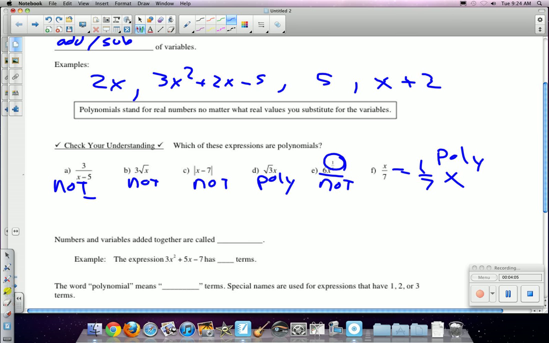So what we're looking for is variables that are just kind of hanging out there. We can have odd coefficients, right? They don't have to be integer coefficients. I'm a little bit confused on why C is not a polynomial because it involves absolute value of the variable. Okay.